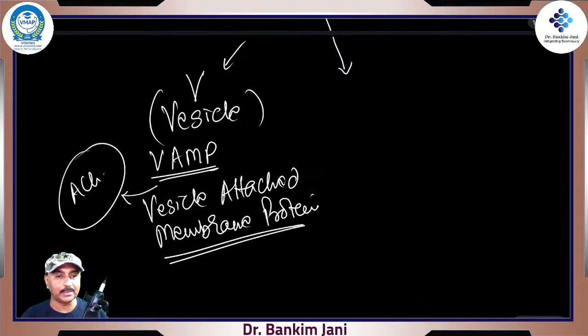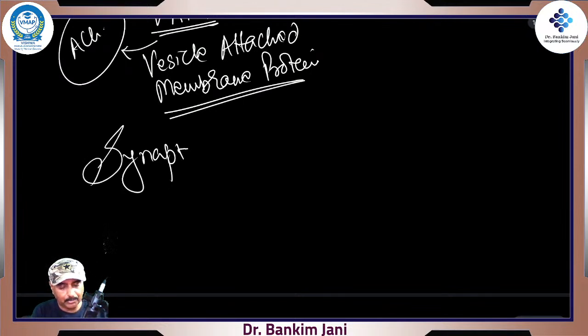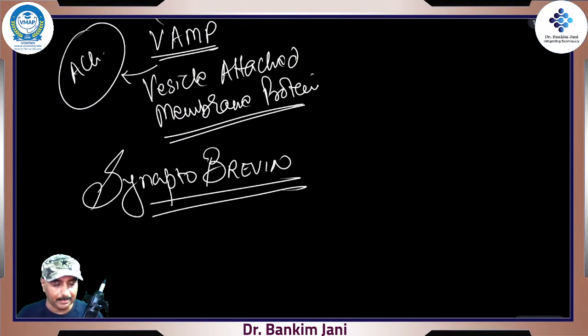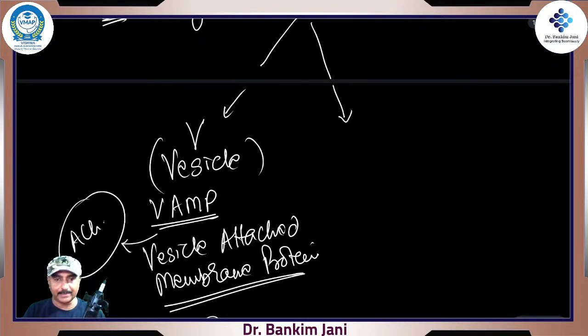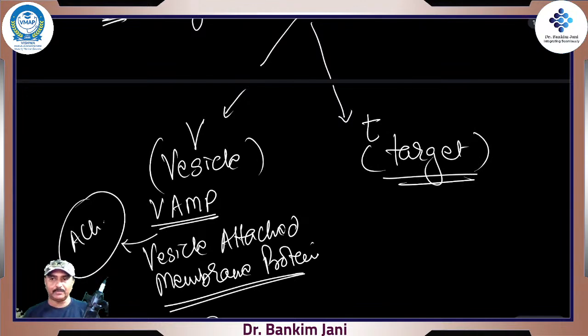And this particular protein is what is called synaptobrevin. Because we are talking about the vesicle, there is another one which is the T, that is the target, but right now let's not discuss it. We are dealing with the vesicle.